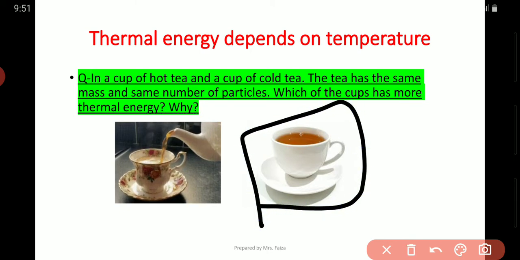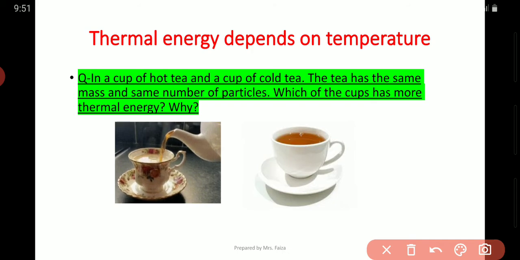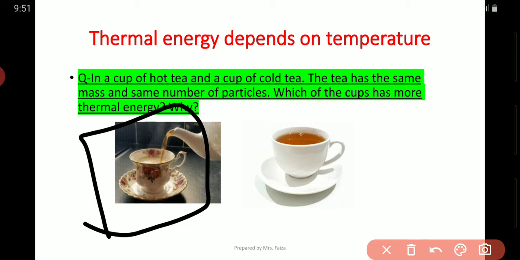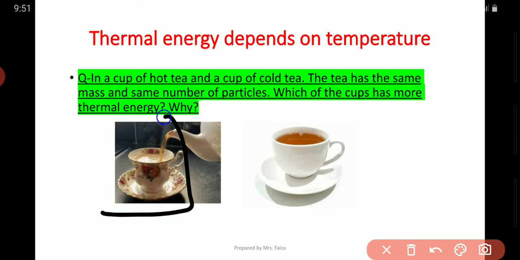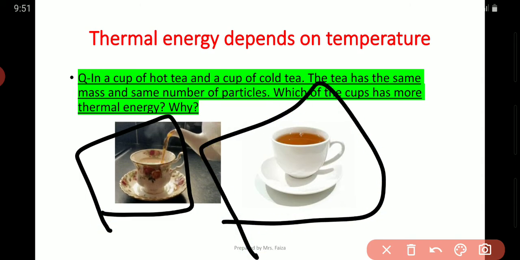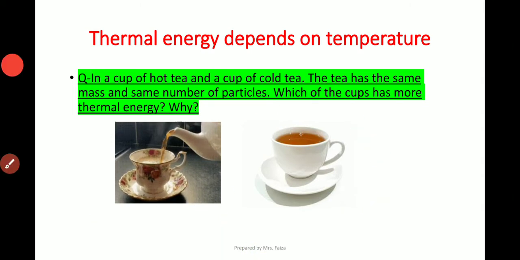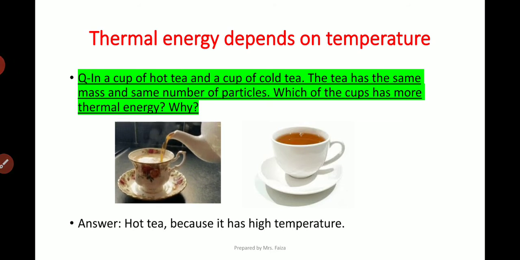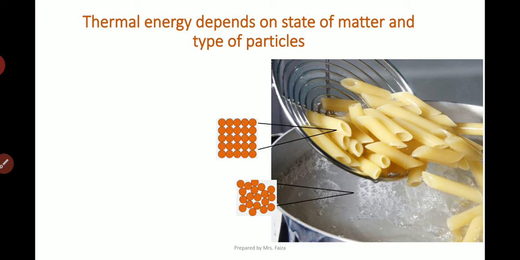This one is cold. Who will have more thermal energy? It will be the hot one, because it's the same state of matter, same mass, but different temperature. Higher temperature, higher thermal energy. Answer: hot tea, because it has higher temperature.